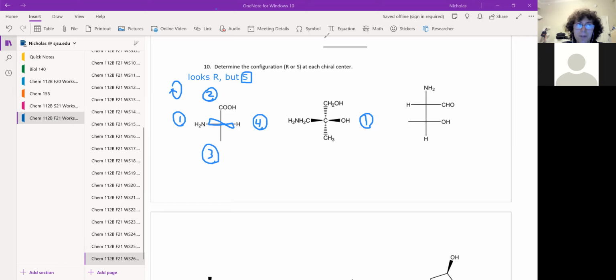You look at these carbons, those are similar, and then it's nitrogen versus oxygen. So oxygen gets a higher number. And then the methyl group gets number 4 because that's just a carbon, nothing else.